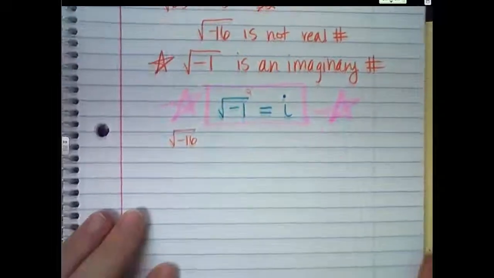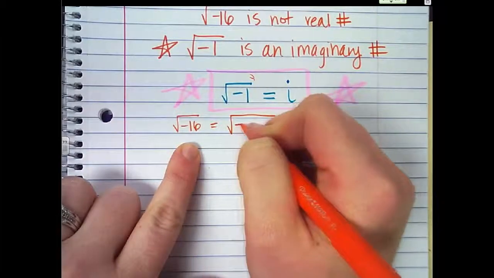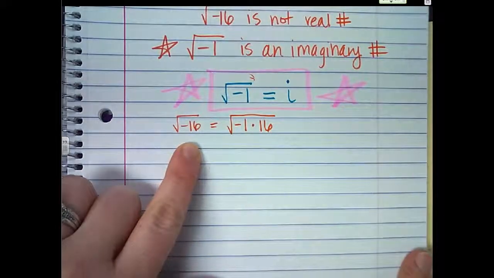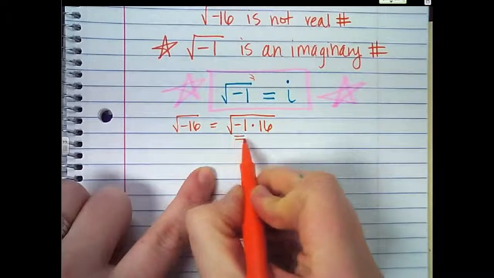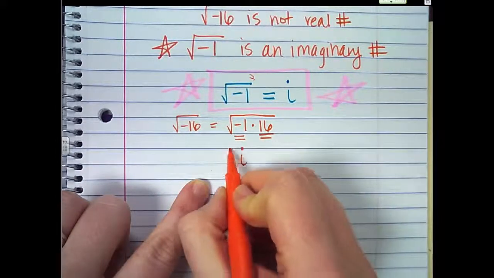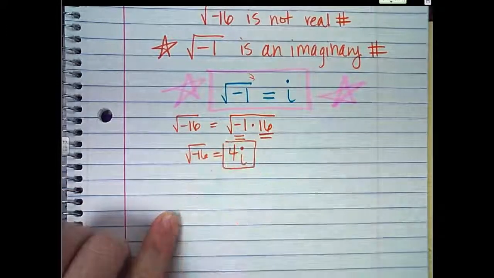The square root of negative 16 is the square root of negative 1 times 16. What is the square root of negative 1? i. And what's the square root of 16? 4. So now the square root of negative 16 equals 4i.